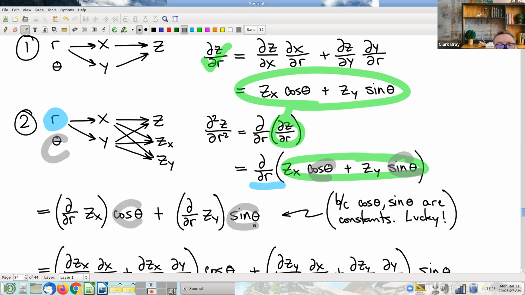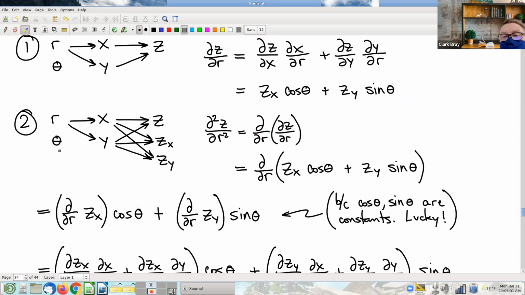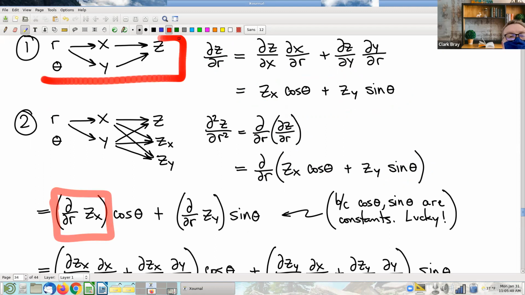And then here's the big moment where I'm taking now the partial of Z_X with respect to R, which previously, looking at this diagram up here, I didn't see Z_X. How do I take a partial of Z_X with respect to R? Well, no problem.